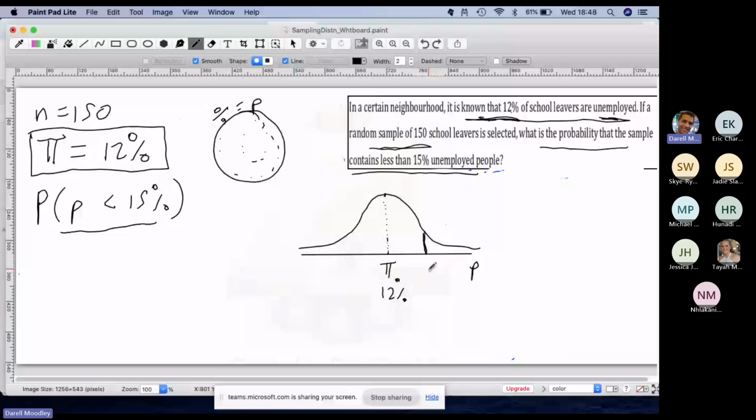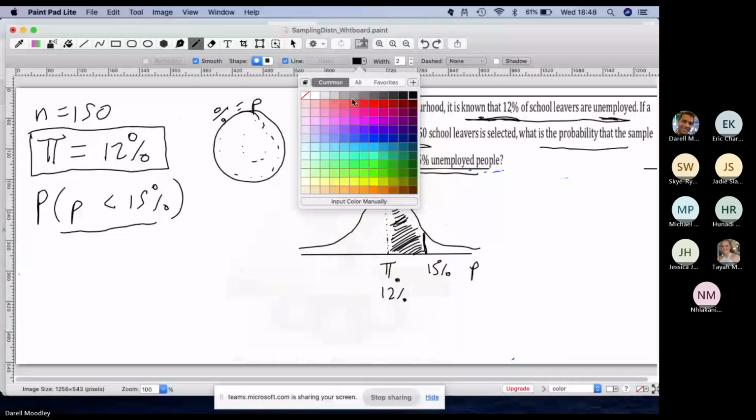And they're asking the probability of P being less than that. So less than 15% means everything on the left of it. So I'm going to shade this in 2 different colors. This part in black, and then the other remaining part in green.